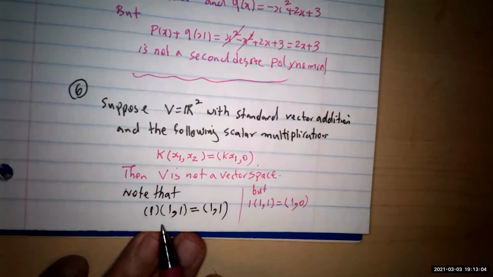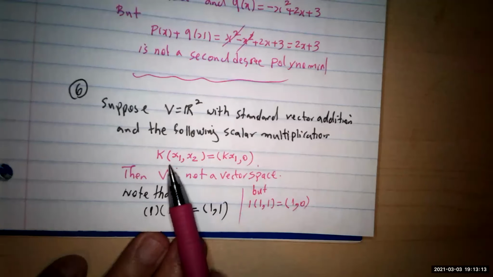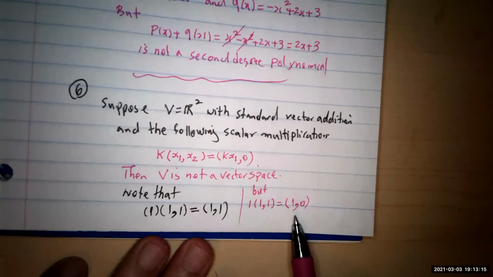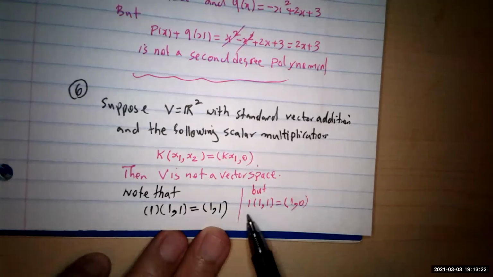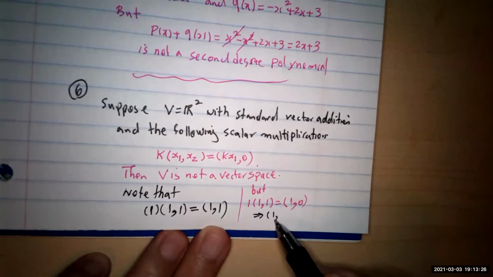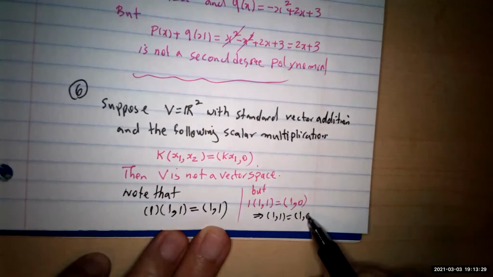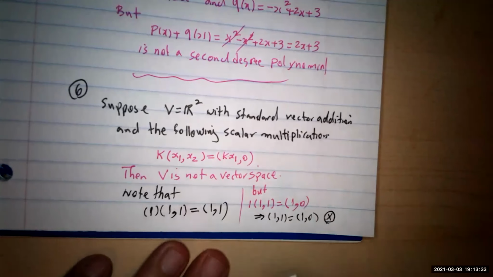Now look at this one. 1 times (1, 1) should be (1, 1), because 1 multiplied by anything is identical. But in this operation, that gives you (1, 0). So this is going to be a contradiction, because that would tell you that (1, 1) must be equal to (1, 0), which is not possible.